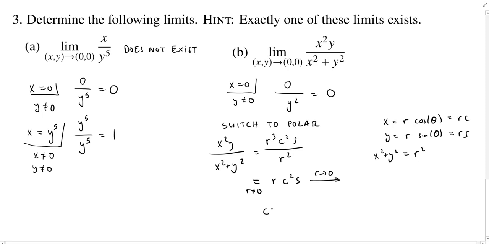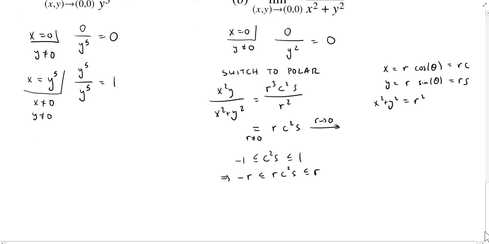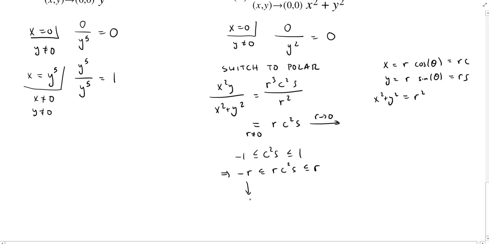We could say, well, we know that c squared s is always between -1 and 1. And so if you multiply by r, you'd have negative r is less than or equal to r c squared s is less than or equal to r. But we know that these two outer pieces go to 0 as r goes to 0.